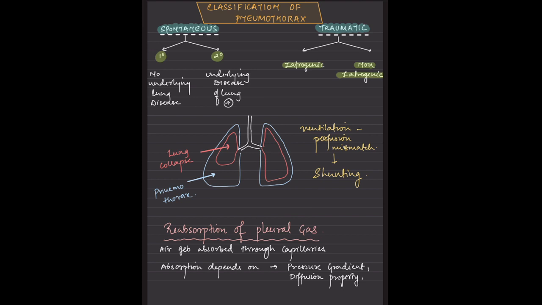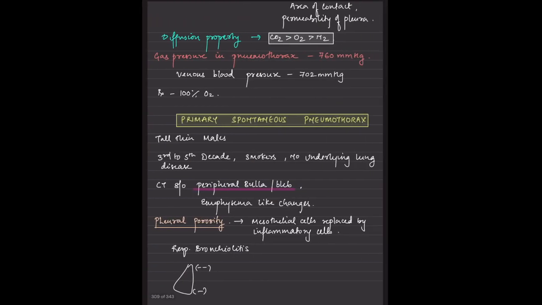Now the reabsorption of the pleural gas depends upon certain factors, like the pressure gradient across the membranes and the diffusion property of the gas. We know the diffusion property is CO2 more than O2 and more than N2.